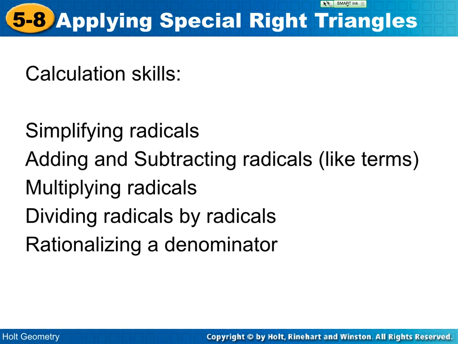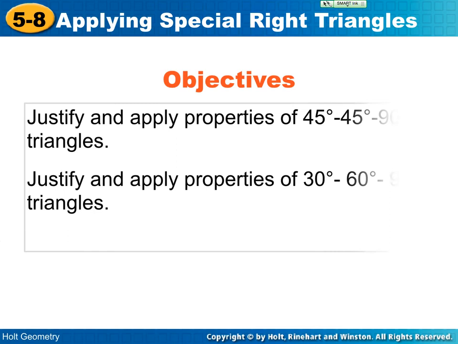All right, so we'll do rationalizing the denominator a little bit more once we get to that in the lesson, but that's a preview of what's going to be going on. We're going to look at special right triangles today. Special because there are some right triangles that have 45 and 45 degree angles in them. In other words, if there are 2 angles congruent, there are going to be 2 sides congruent. That's an isosceles right triangle.